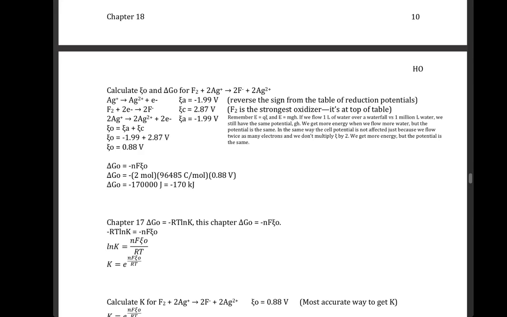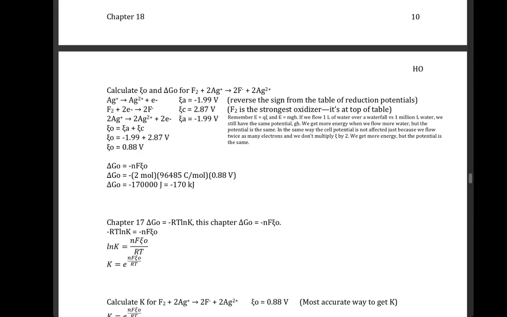Okay, so we have the overall potential is E_A plus E_C, or negative 1.99 plus 2.87 volts, giving us the potential at standard conditions of 0.88 volts.